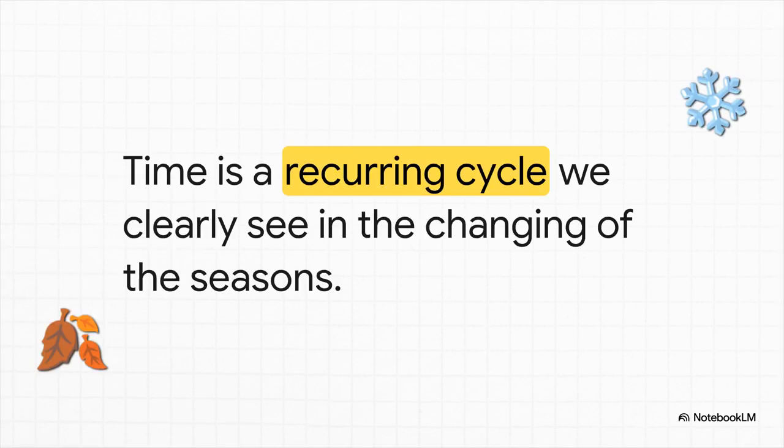By anchoring this whole concept of time to nature's visible patterns, we completely replace that confusing, never-ending straight line with a comforting, familiar loop. It helps the learner realize that time isn't just some abstract countdown to nowhere. It's a cycle that we all experience every single year in the changing seasons.